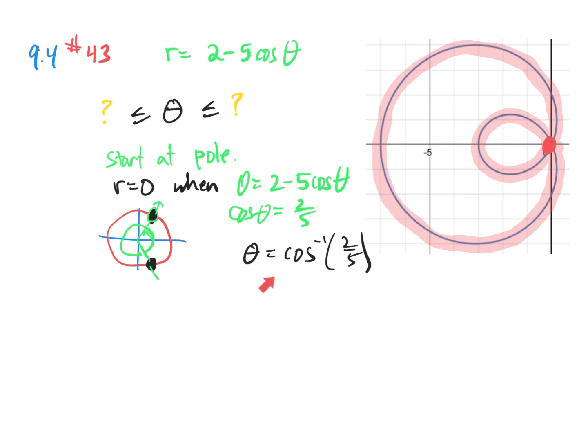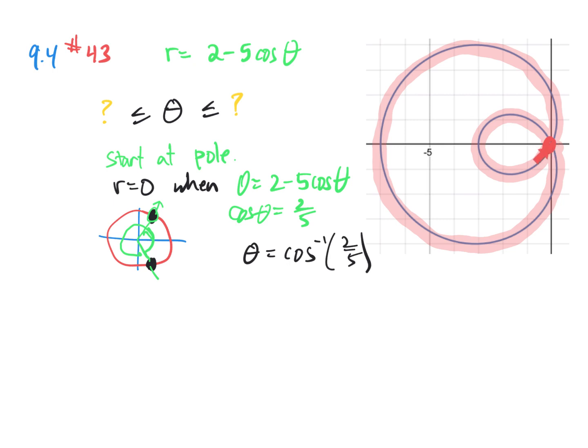Well, we don't really even have to deal with the inverse cosine to find theta, because we know that this right here, inverse cosine of 2/5, is the angle measure where r is 0, represented in quadrant 1. And if we keep rotating, the second time r is 0 will be in quadrant 4, and the third time r is 0 is exactly 1 revolution past the first time.